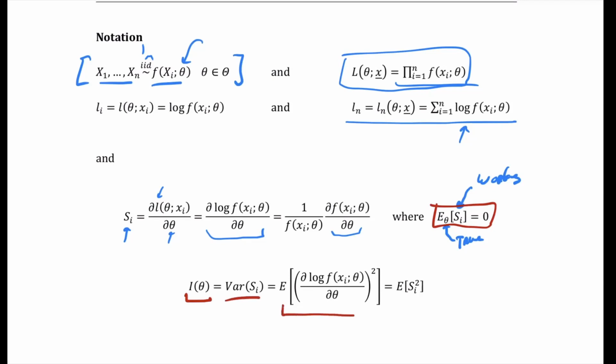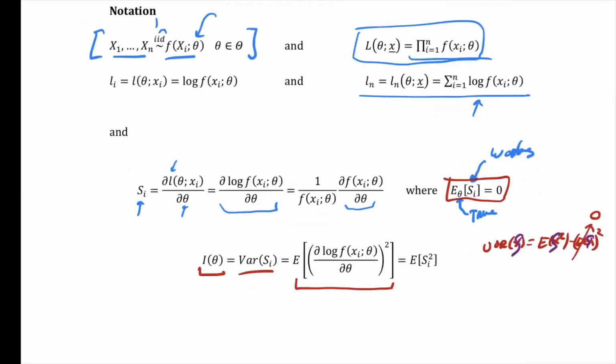We could also write it as just the expected value of the score function squared, because remember, the variance of x is equal to the expected value of x squared minus the expected value of x, squared. But for us, the score function has average 0. And by x here, I mean S. All right, so that's where we left off.